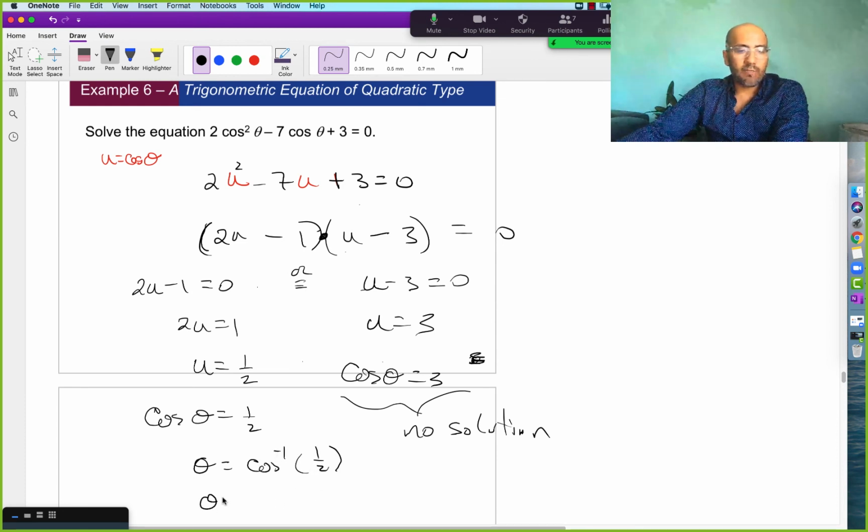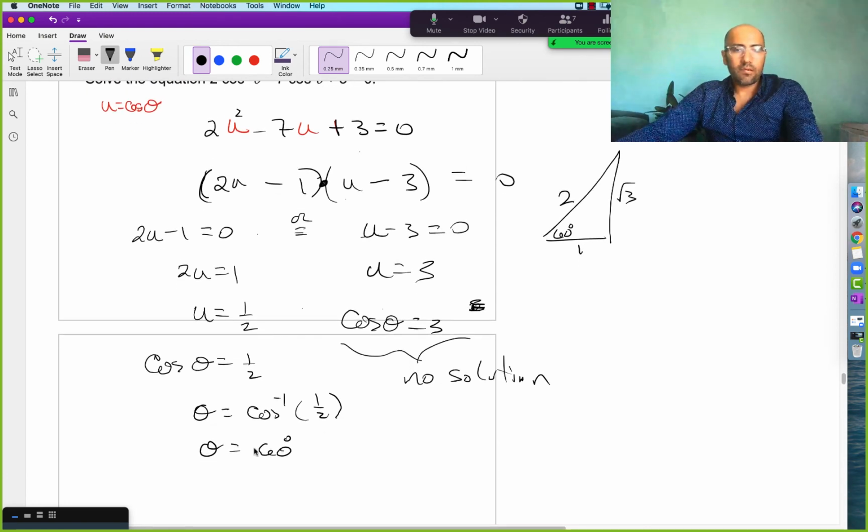Put that on the calculator, and you'll see that you get 60 degrees. That just comes from our standard triangle: 60 degrees, 1, 2, 1/2√3. Good. And now we have to think about the other ones.